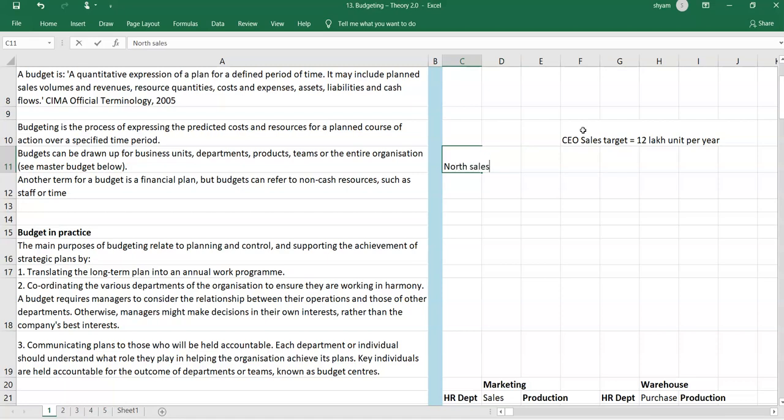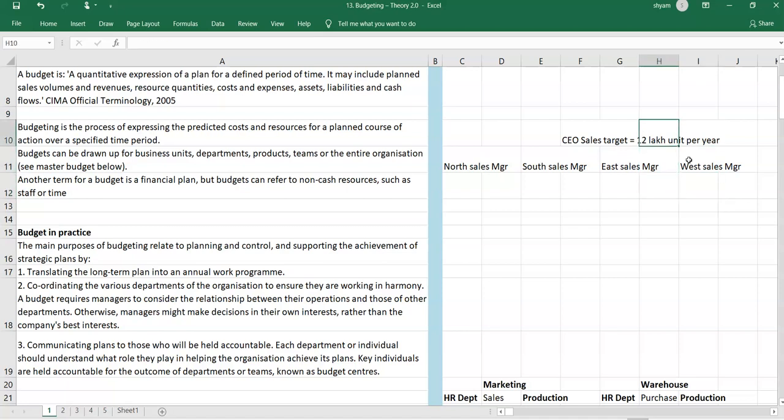So a north sales manager, and like that he might have 4 divisions. So there are 4 divisional managers now.